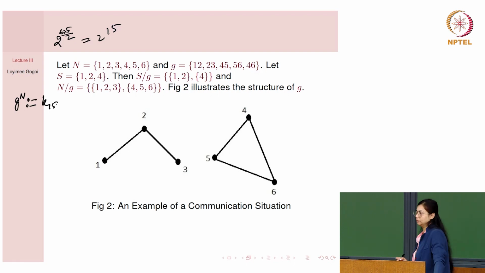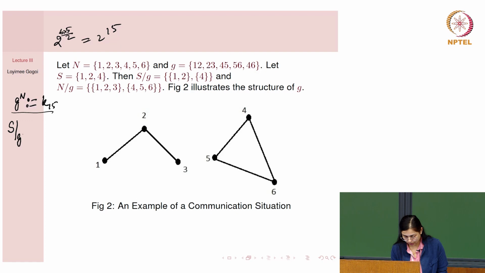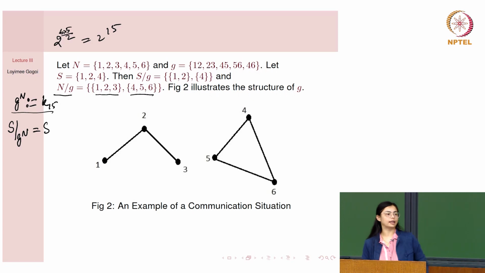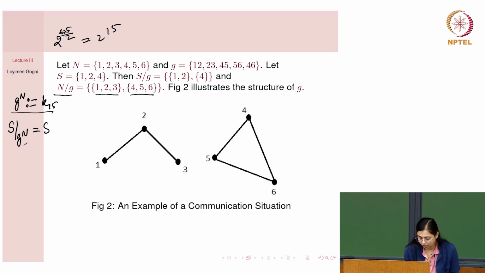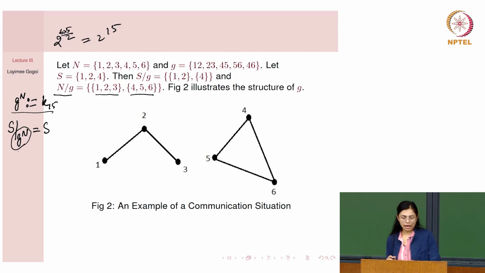If I consider the complete graph, for any S over Gn, it will be S. So whenever we consider the complete network, we will not have any partition.